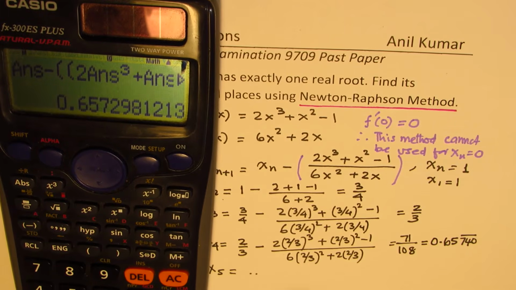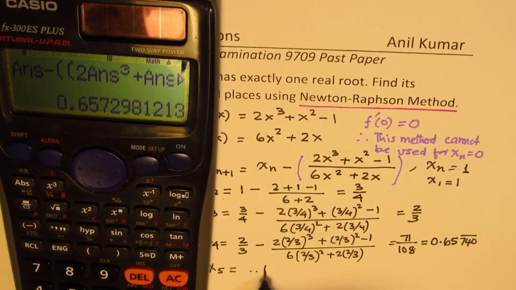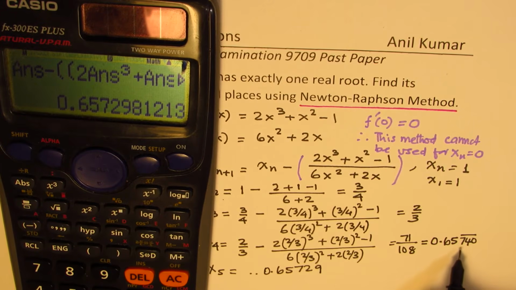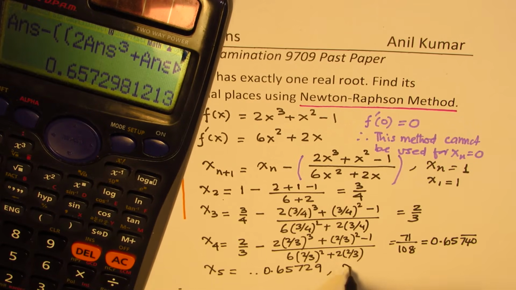So we now get a value which is 0.65729, right? So still the third place is matching. We can go further and calculate the sixth value.